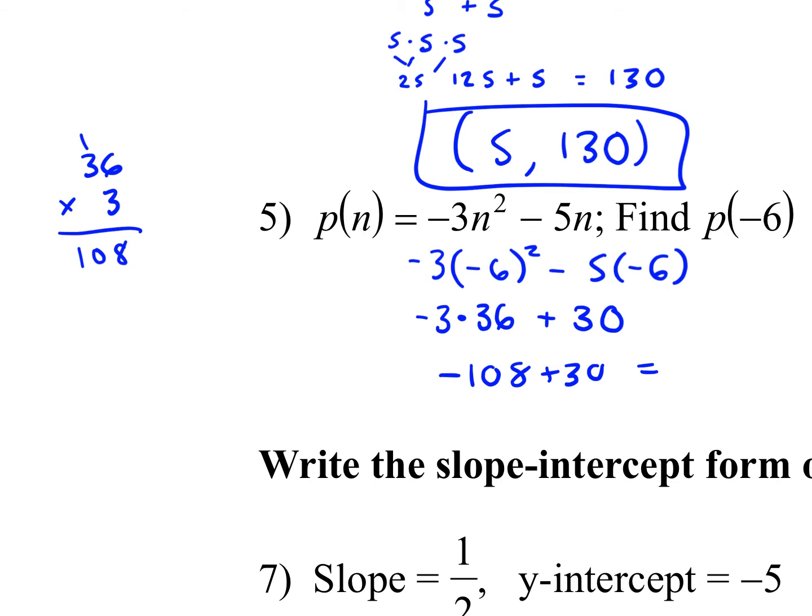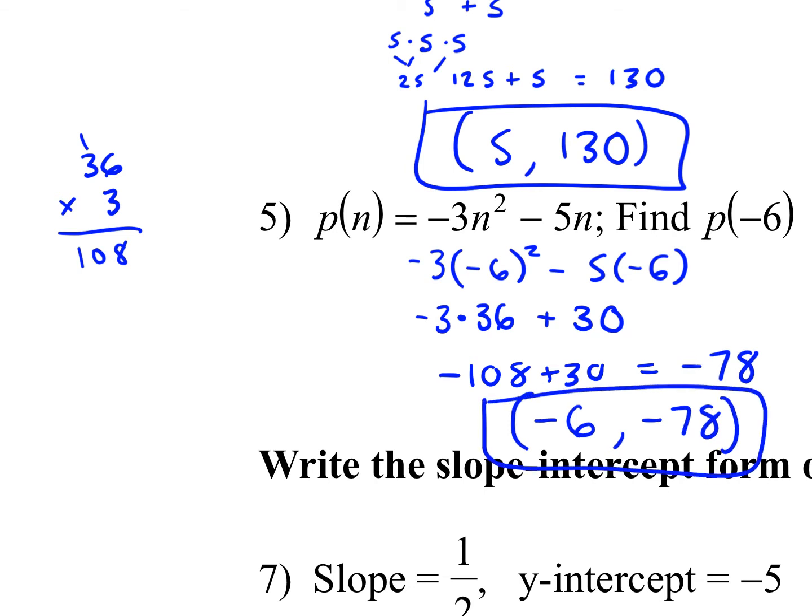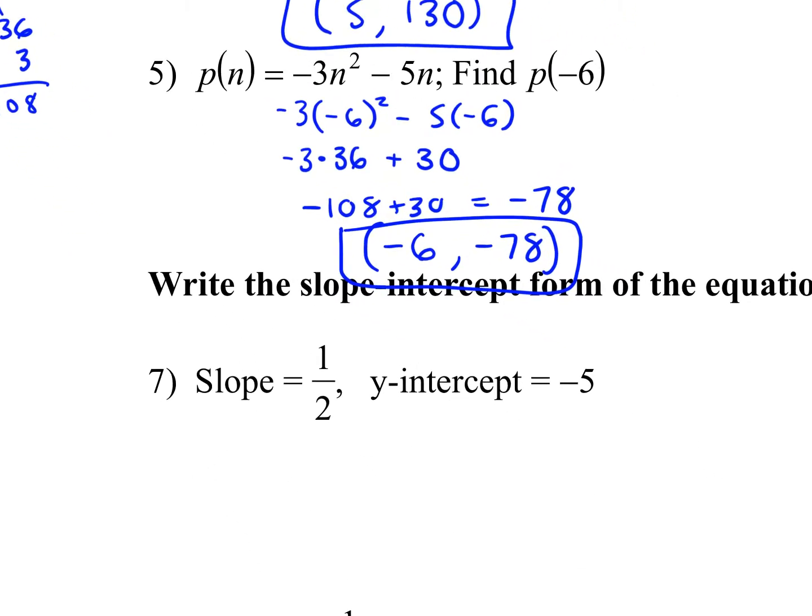Awesome, negative 78. So what did I plug in for x? Negative 6. What did I get for y? Negative 78. So that's my answer. You guys have any questions there? Awesome.